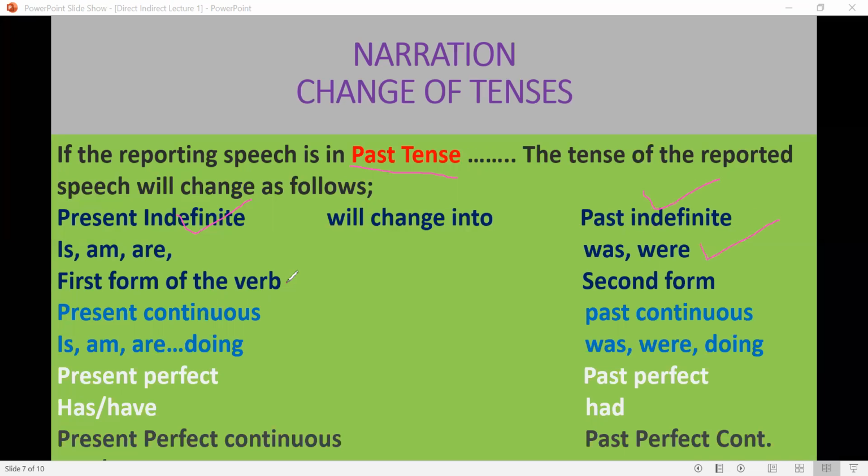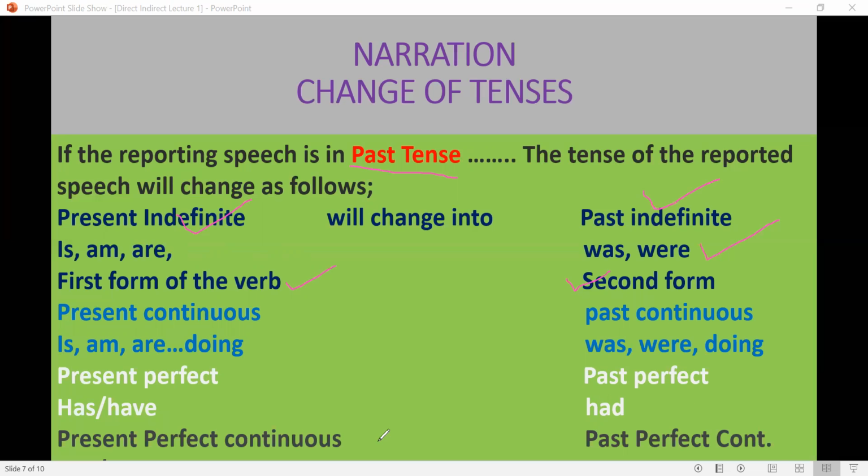First form of the verb will be changed into second form of the verb. Present continuous will be changed into past continuous, like is, am, are doing will be changed into was, were doing.